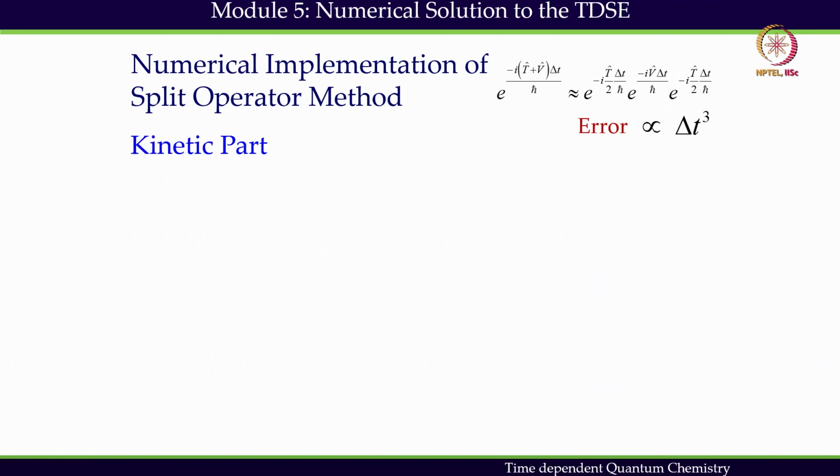What about the kinetic energy part? For the kinetic energy part, we have to employ a certain trick here. And what is the issue? The issue is that in the position space grid, we write down the position space grid like this, where we have x coordinate.